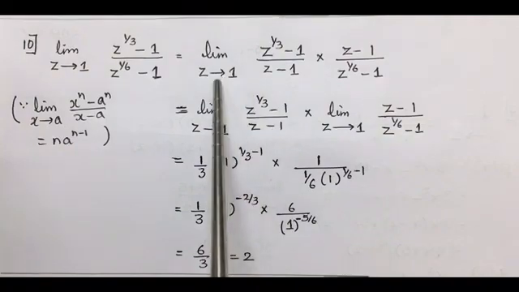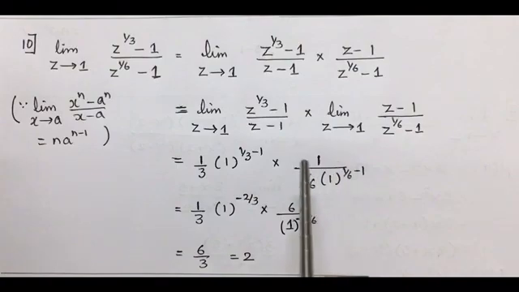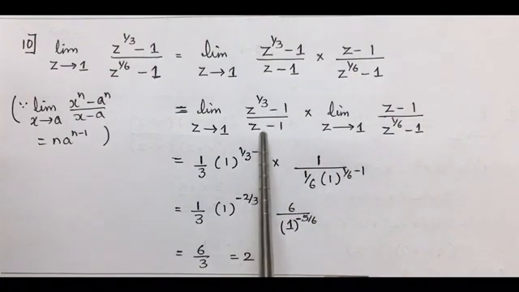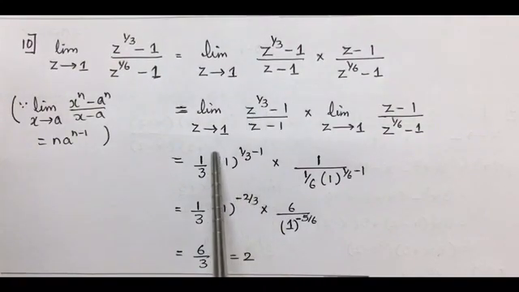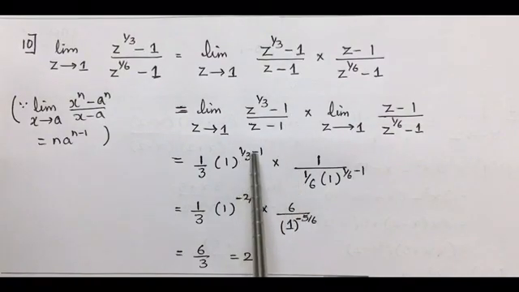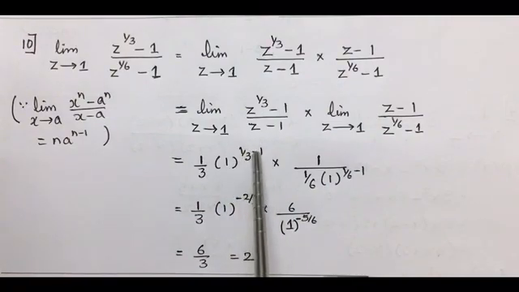Now taking the limit separately with both as per the working rule, using this formula for the first case, in the place of n we have 1 by 3, in the place of a it is 1 raised to 1 by 3 minus 1, and 1 raised to anything becomes 1.